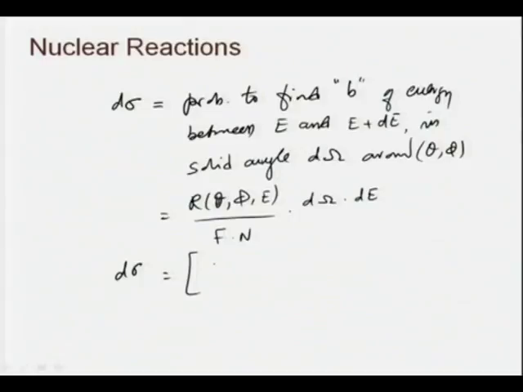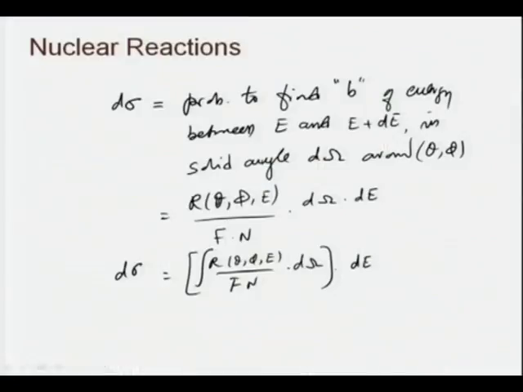Now, consider r theta phi E over f n d omega, and let us integrate that over d omega, considering B particles coming with energy around E in an interval dE. This gives the number of particles of type B coming out with energy around E anywhere around the scattering nucleus, the potential scattering center.